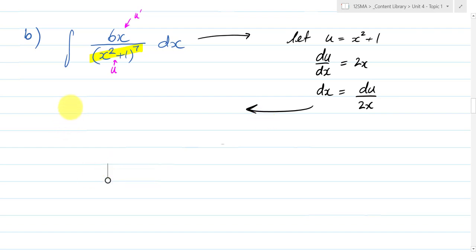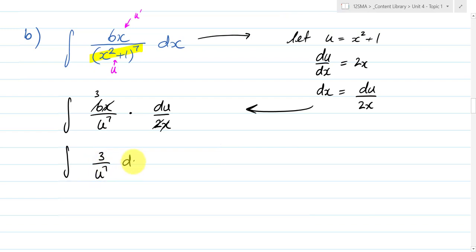And this becomes the integral of 6x over u⁷ times dx, which becomes du over 2x. Now the x's cancel out, the 2 and the 6 cancel out, leaving just a 3, and this becomes 3 over u⁷ du.